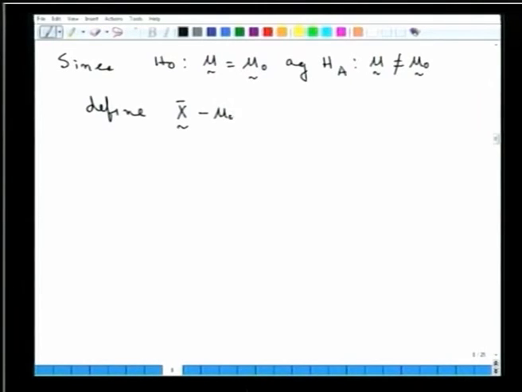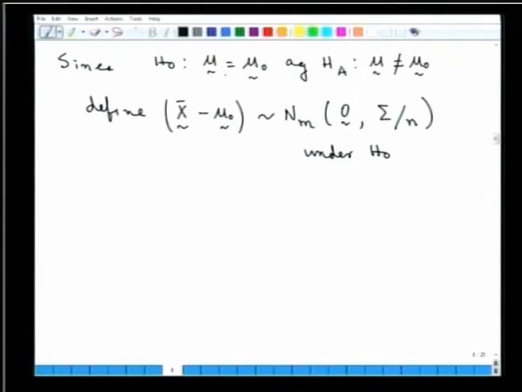So x bar minus mu naught, what is the distribution of this? This is going to have a multivariate normal distribution, and the mean vector would be 0 under only the null hypothesis, and sigma by n as the covariance matrix, this under H naught. Now if that is not under H naught, then what would be the mean vector for this x bar minus mu naught statistic?